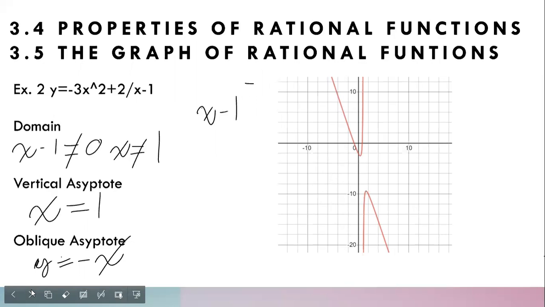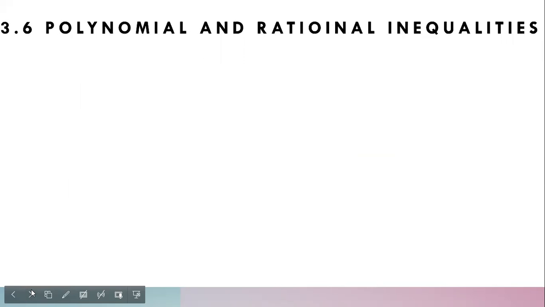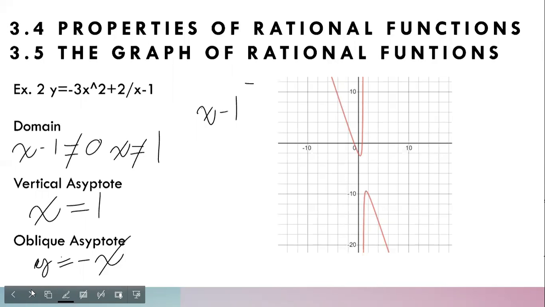So here's our graph for our previous polynomial, and using what we found, we know that our vertical asymptote is here at x equals negative 1, and our oblique asymptote is here at y equals negative x, and comes down like this. Now, while graphs cannot go through vertical asymptotes, it is okay for graphs to go through horizontal and oblique asymptotes.